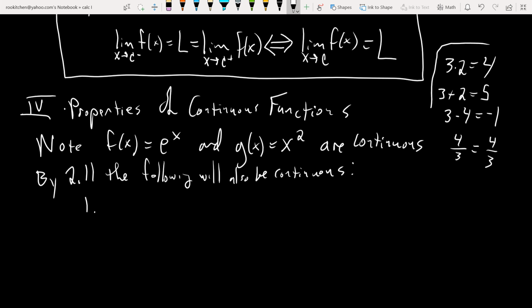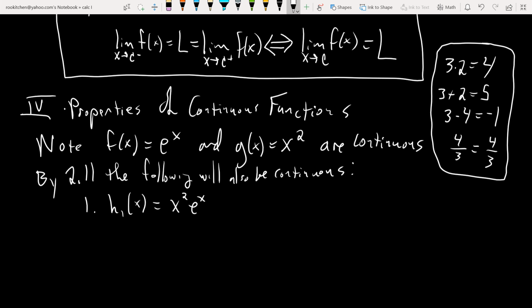So we do the same thing with functions and continuity. If you take two continuous functions and you multiply them together, so it's called h sub 1 of x, is it also continuous, right? And yeah, it is. What about if I subtracted or added two continuous functions?